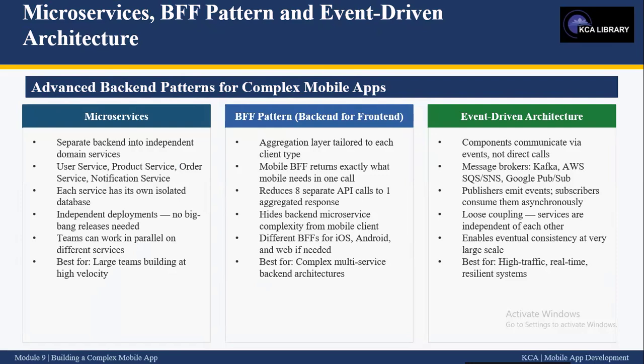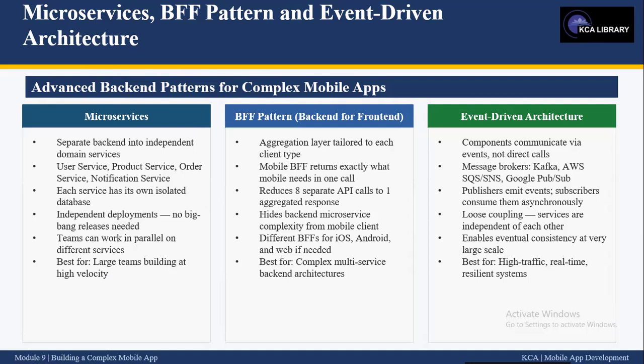Each service has its own isolated database and independent deployment, no big bang release needed. Moreover, teams can work in parallel on different services. Lastly, it is best for large teams building at high velocity.